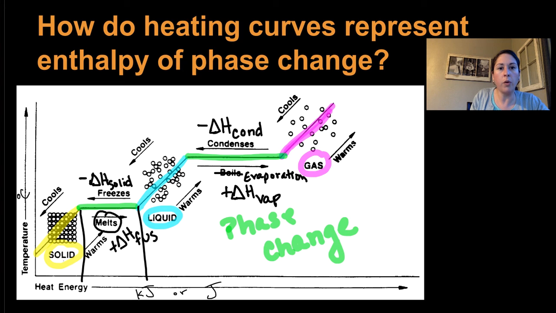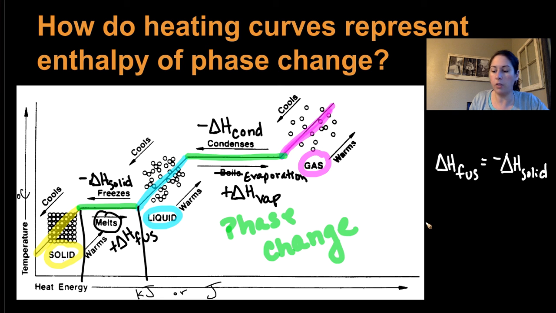Now, if you've noticed, the amount for condensation and evaporation is the same amount of energy. It's just that they're in the opposite direction, and the same thing down here. So the amount for fusion and for freezing is the same value, just in opposite directions. And so we can say delta H of fusion is equal to the negative delta H for solidification.